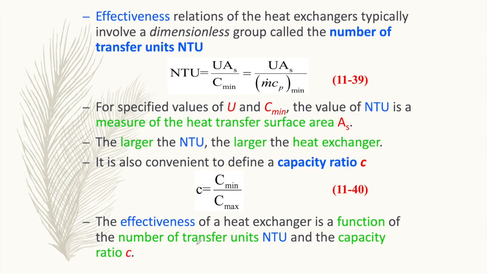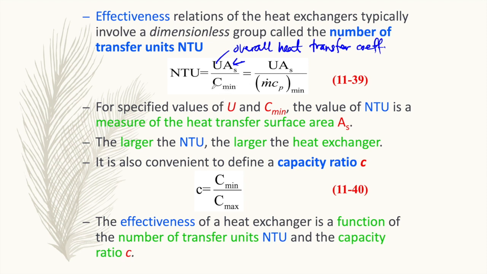Effectiveness relations of the heat exchanger typically involve a dimensionless group called the number of transfer units. NTU is UA_s over C minimum. U is the overall heat transfer coefficient, A_s is the surface heat transfer area, and C minimum is the minimum heat capacity.